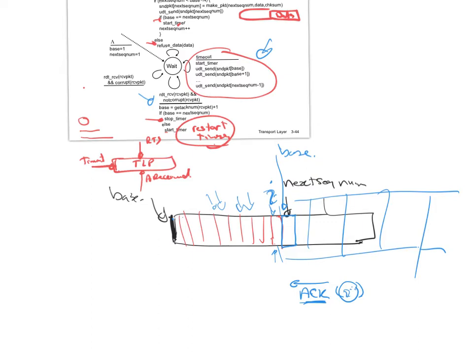So if the base is not equal to the next sequence number, this means that some segments in between have been sent already and not acknowledged. So in that case, I will restart the timer, not stop. We'll start again from 2 milliseconds and we'll count down. Clear?